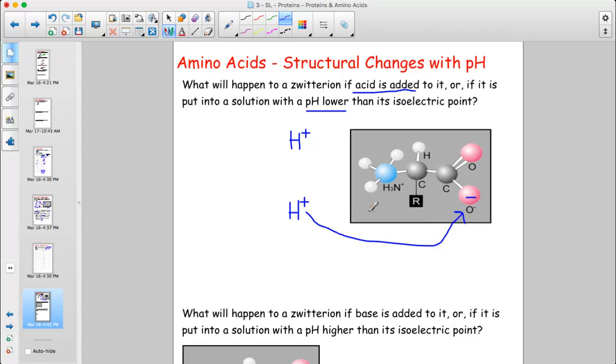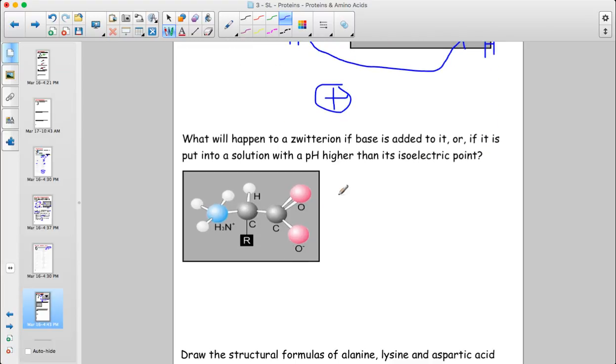So when you put a Zwitterion into a low pH solution, it's going to end up with an overall positive charge because this H+ is going to bond onto this oxygen. We're going to reform our COOH carboxyl group, and this positive charge will remain, so overall the amino acid will be positive.